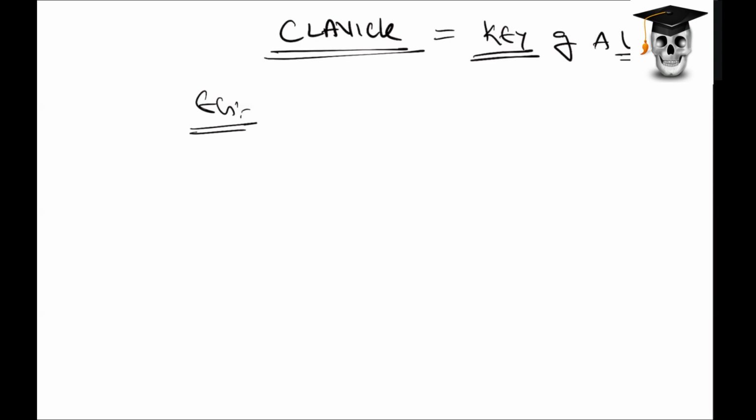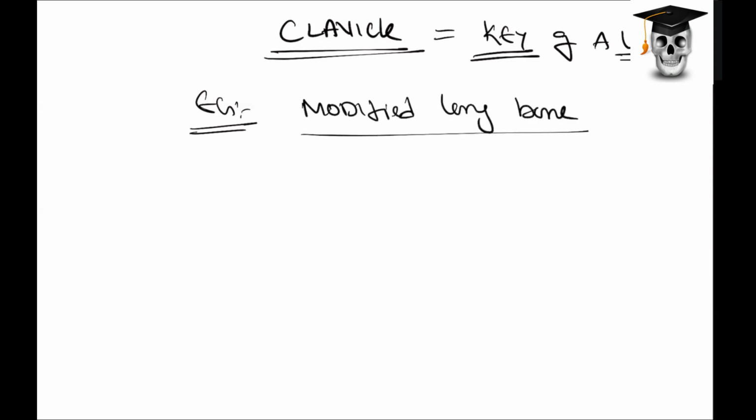It's an example of a modified long bone. Remember, what was the other example I gave for modified long bone? Anatomy is easy, but it is very difficult to recall if you don't read it then and there. The body of the vertebra.